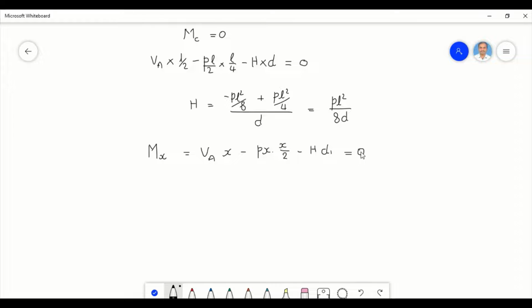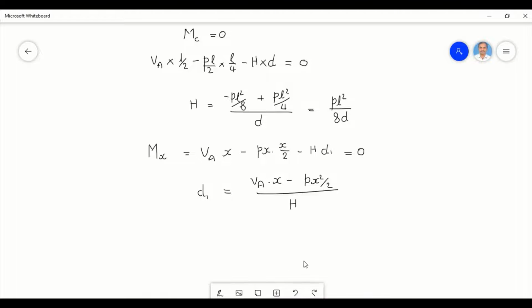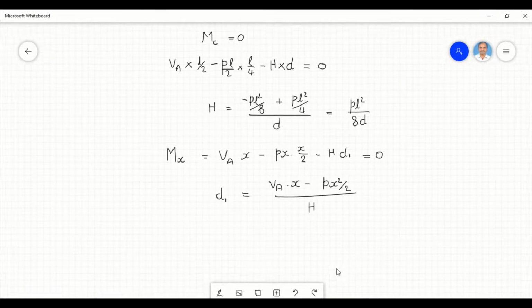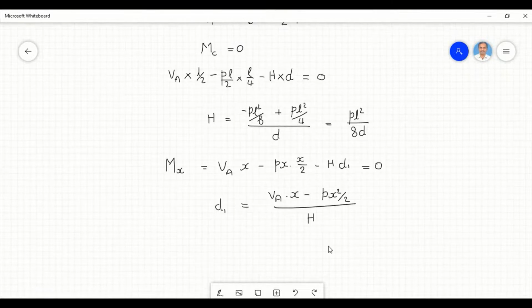We will consider d1 on the left hand side of the equation, and we will move the rest of the things to the right hand side of the equation. So d1 can be written as VA into x minus px square by 2, the whole divided by H. We know the value of VA and H. VA is PL by 2.